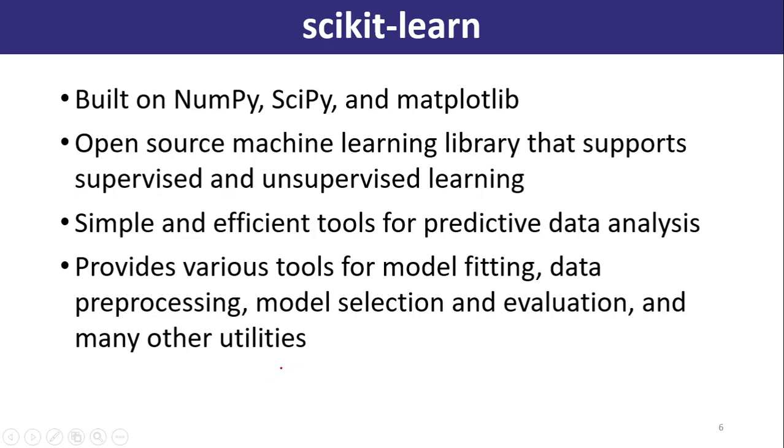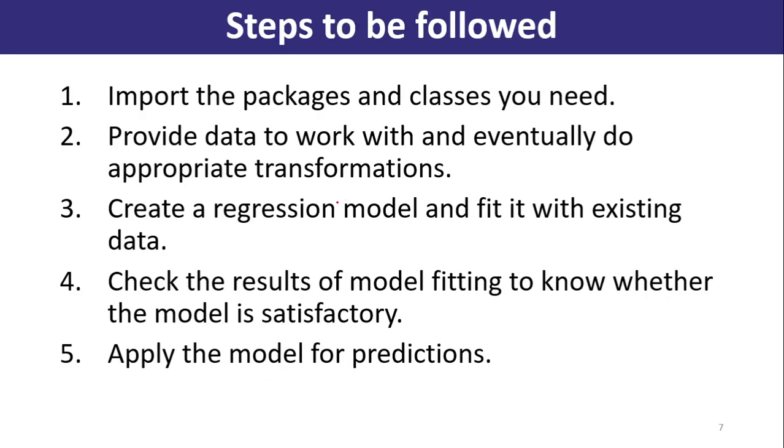Let us now proceed with the steps that we are going to follow to implement simple linear regression using scikit-learn. The first step is to import the packages and the classes that we need. Second, we provide the data to work with, and eventually do some appropriate transformations.